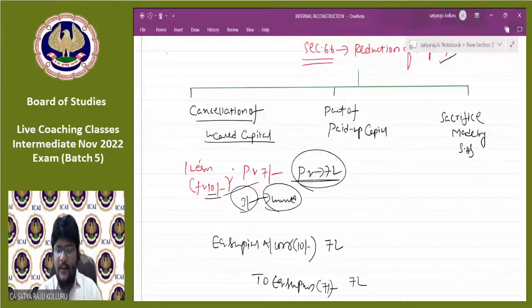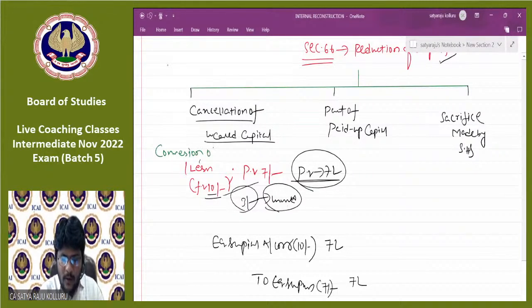The cancellation of uncalled capital, you can also treat it as conversion of partly paid up shares into fully paid up shares.